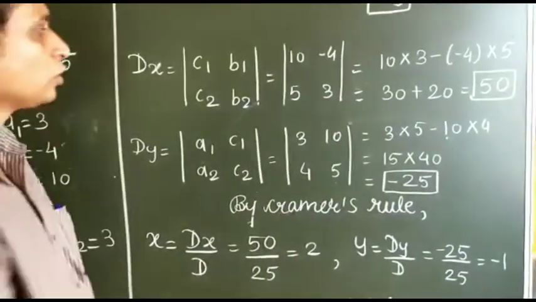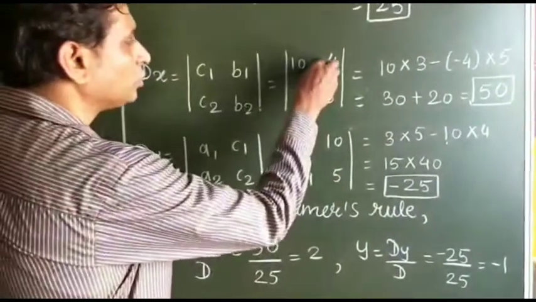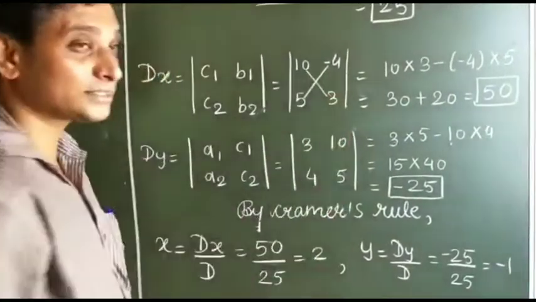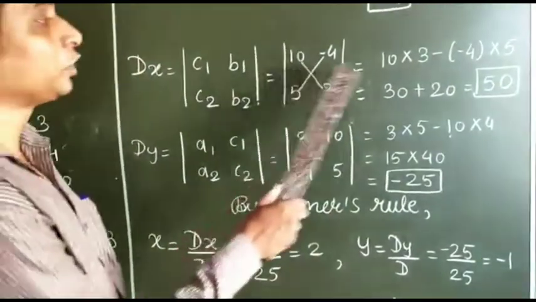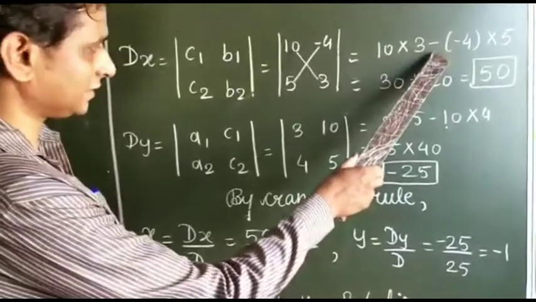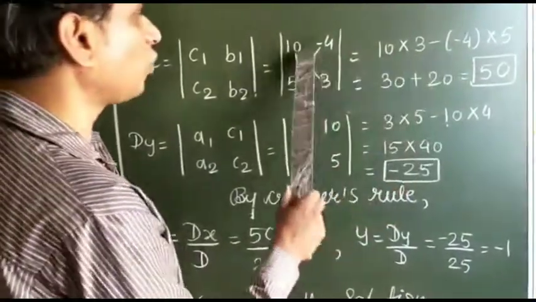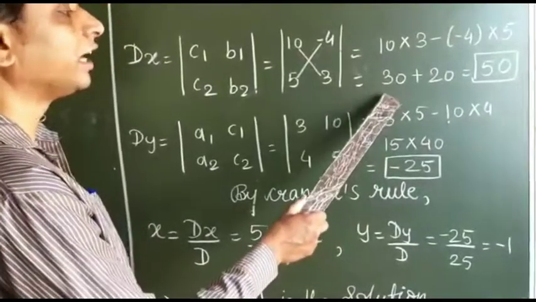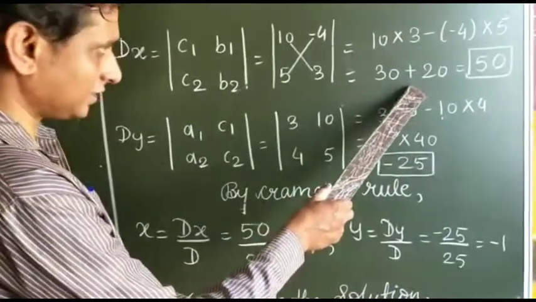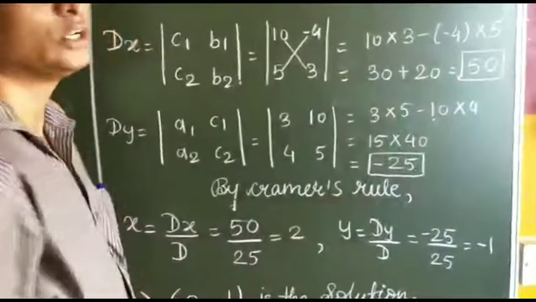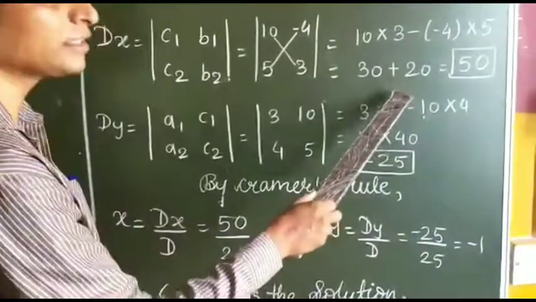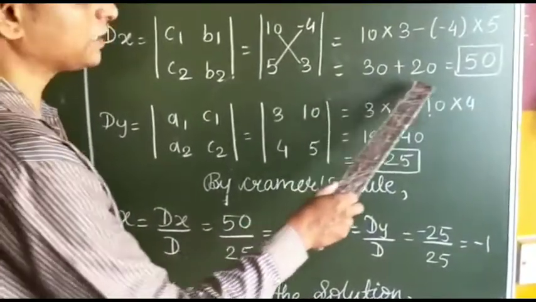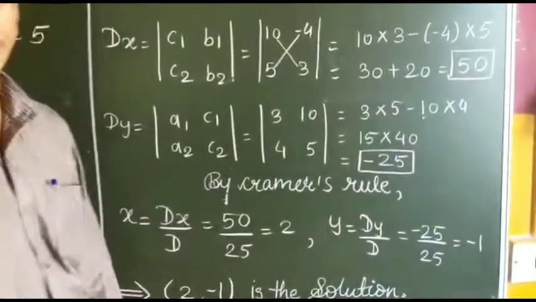Again, students, we have to solve this determinant by cross multiplication. So 10 into 3 minus minus 4 into 5: 10 threes are 30, plus 5 fours are 20. So 30 plus 20 is equal to 50.